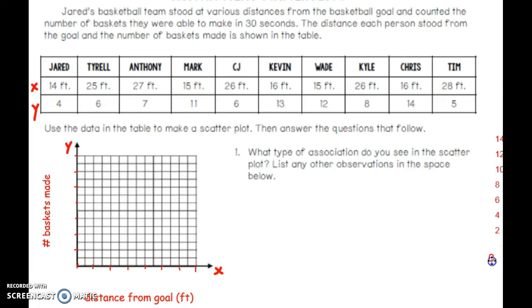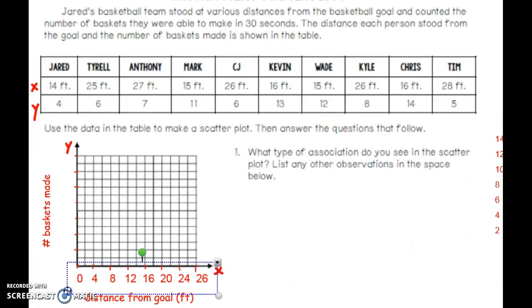So put little tick marks down there. Oh, and make sure that you label your variables as well. Not just x and y, but really we need to know what we're talking about. Down here, we're talking about the distance they are from the basketball goal. And then the y variable is the number of baskets that they were able to make in the 30 seconds.